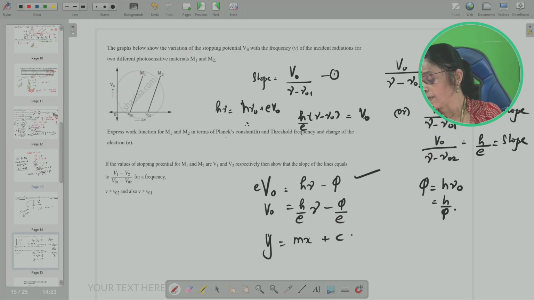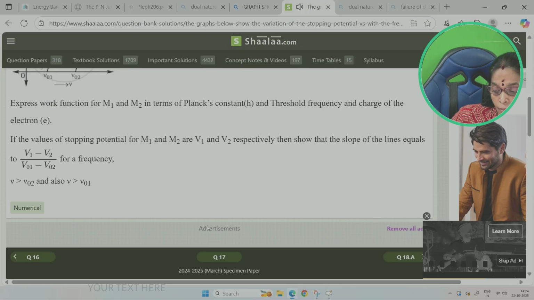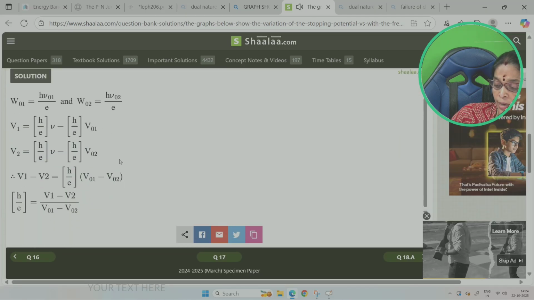I will take the textbook and then I will show you the same thing. Yeah, children, you can see that.